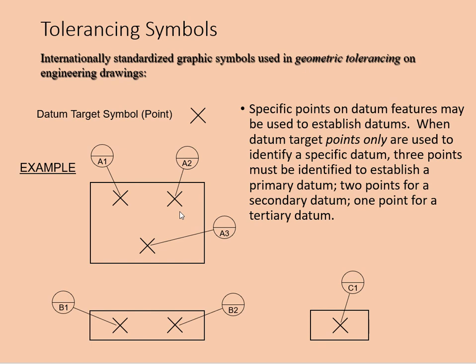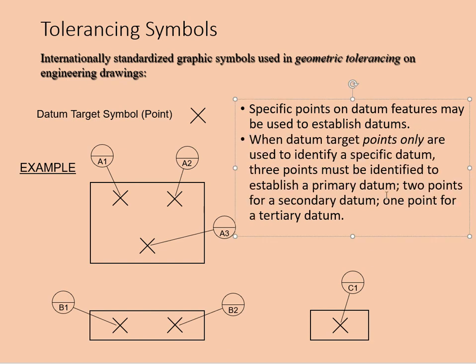When datum target points only are used to identify a specific datum, 3 points must be identified to establish a primary datum. So I have 1, 2, 3 to establish this datum. Then 2 points for a secondary datum and 1 point for a tertiary datum. These are just datum target symbols.